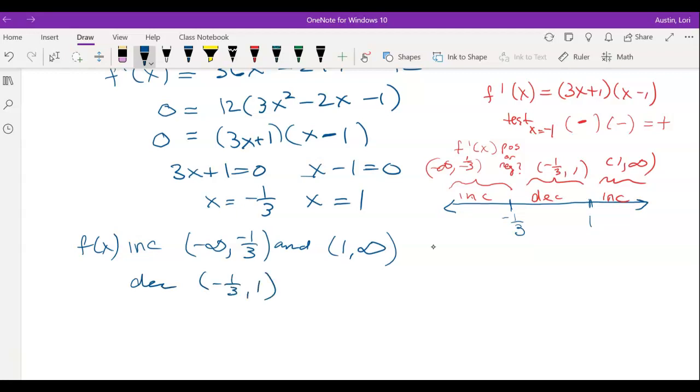Okay. That's our first derivative test. First derivative test simply tells you when your function is increasing and decreasing. And like I said, you got a bunch of examples there to look at in your notes.